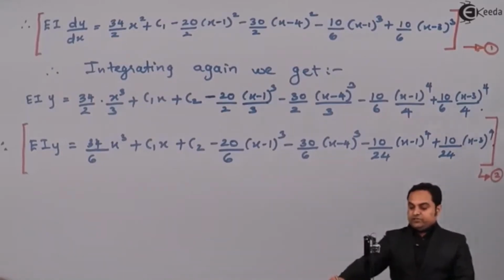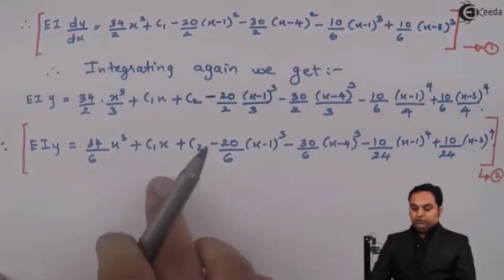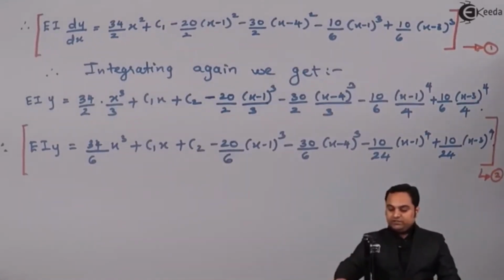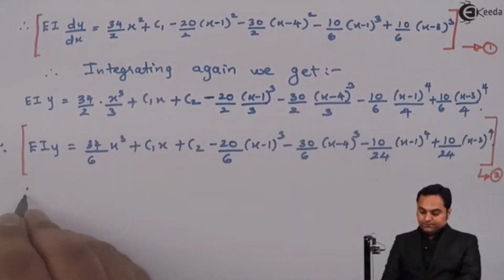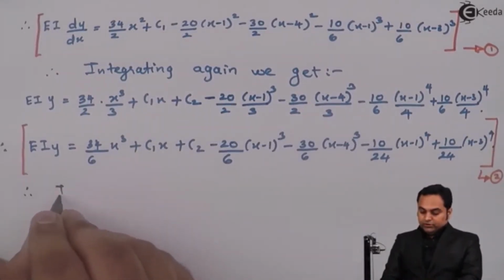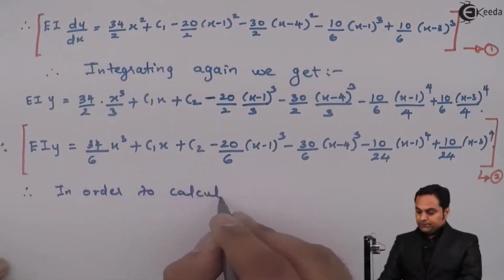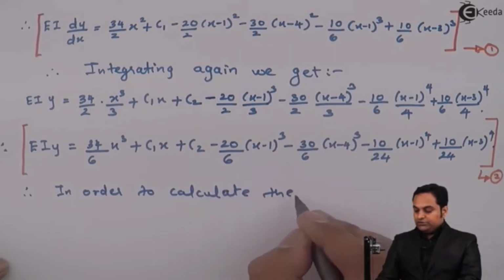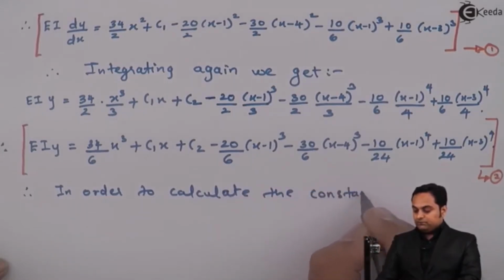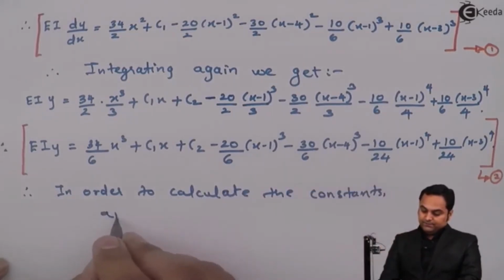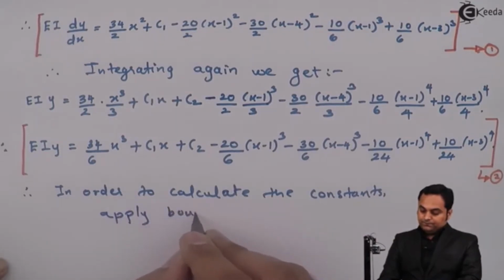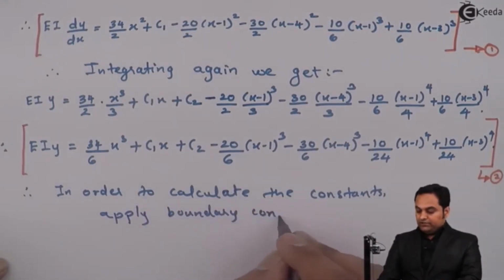Now after getting equation 1 and equation 2, we need to find the constants. So, in order to calculate the constants, applying boundary conditions.